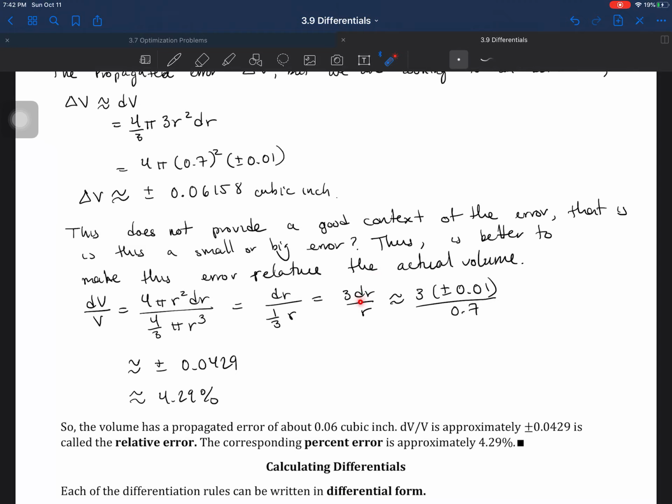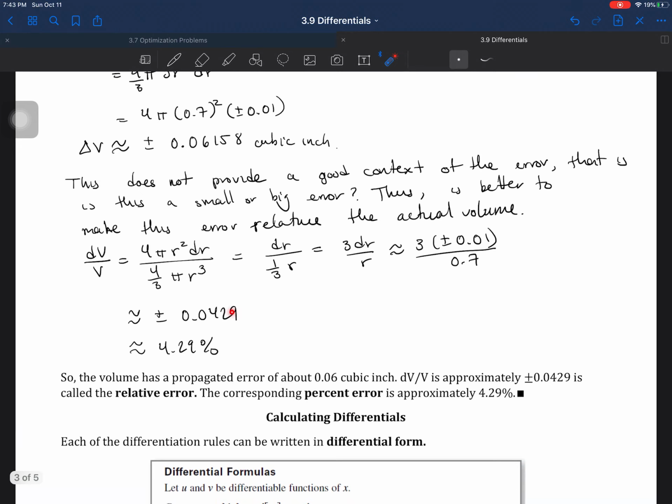So now all we have to do is plug in our error of measurement, which was plus or minus 0.01, and plug in our radius, which is 0.7, and so this will give us a relative error of 0.0429, which means we can write this as a percentage, 4.29%. So you guys see here, this gives us a better context of what the error is.